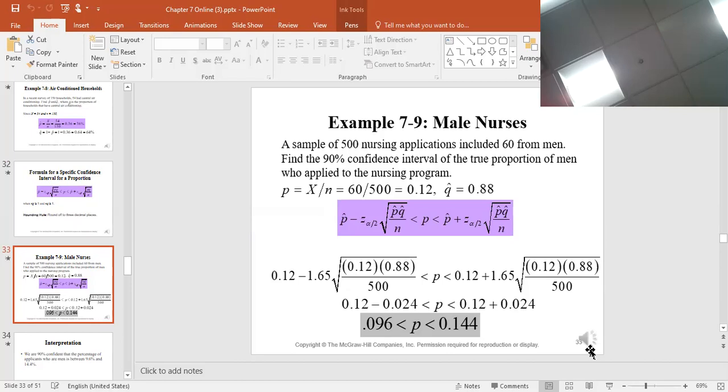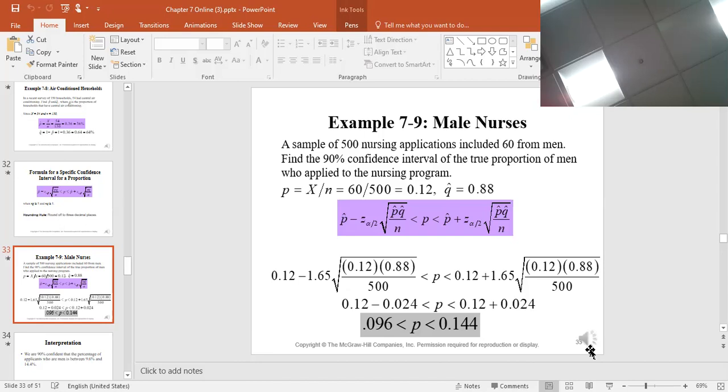First, what will be the sample proportion? Here, n equals 500. And what is x? 60. We said that p hat is equal to x over n.